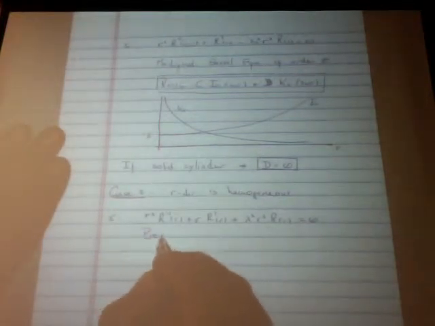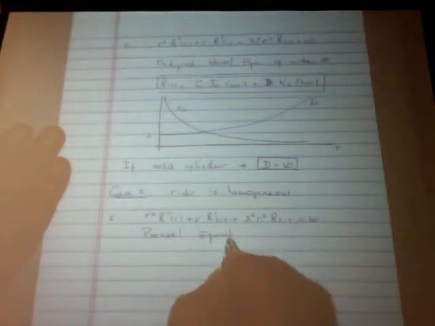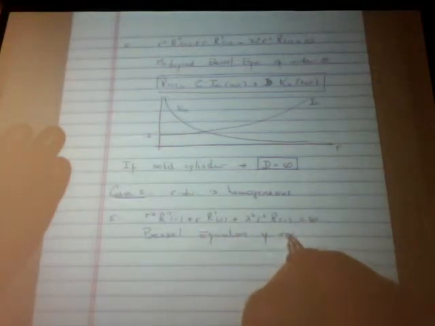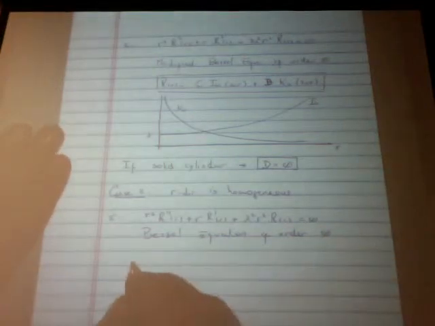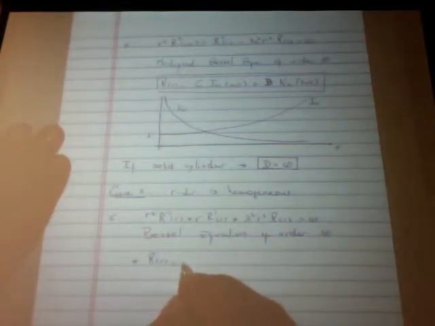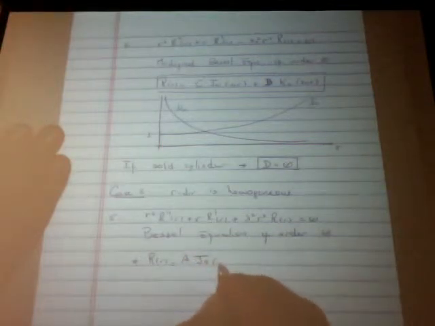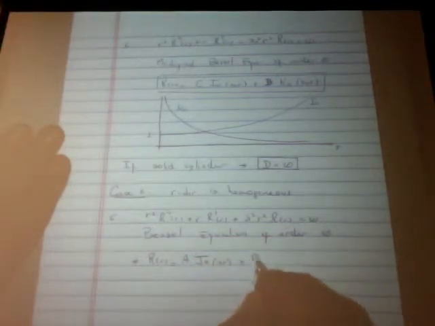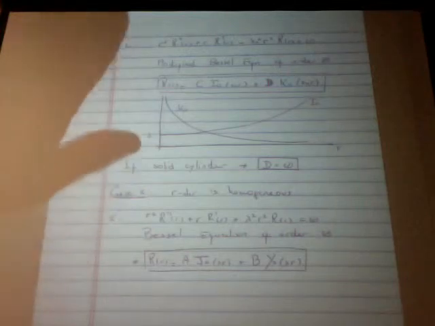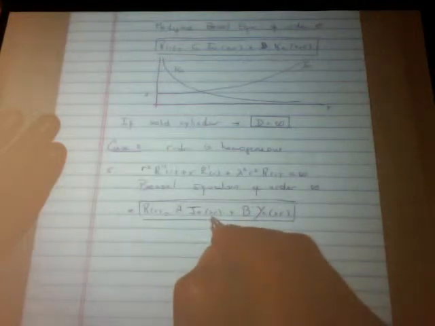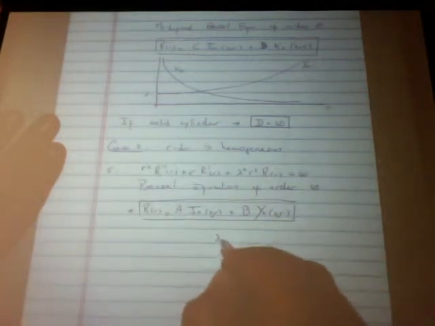Now with a positive sign, this is the Bessel equation of order 0, which has solutions A J0 of lambda R plus B Y0 of lambda R. And here we can call these lambda n's, such that the lambda n's are the eigenvalues.